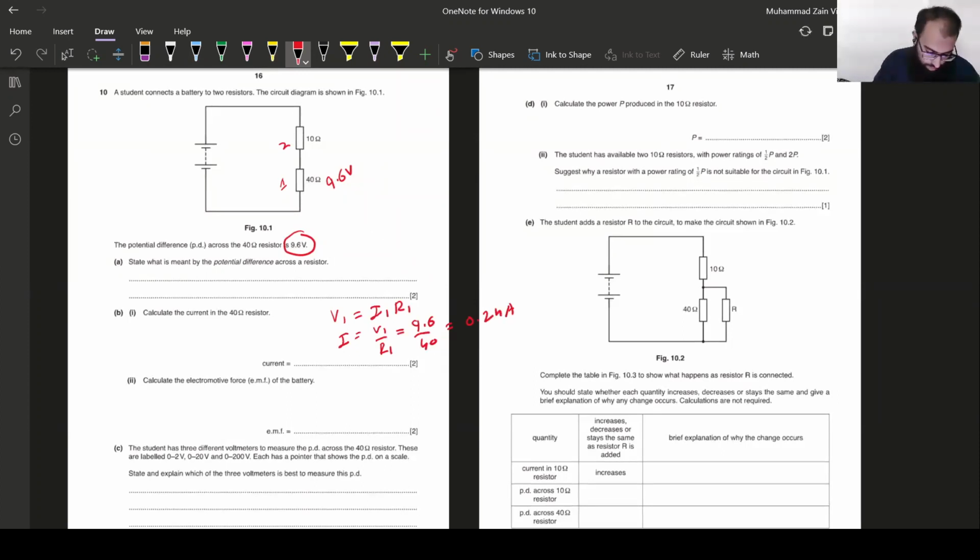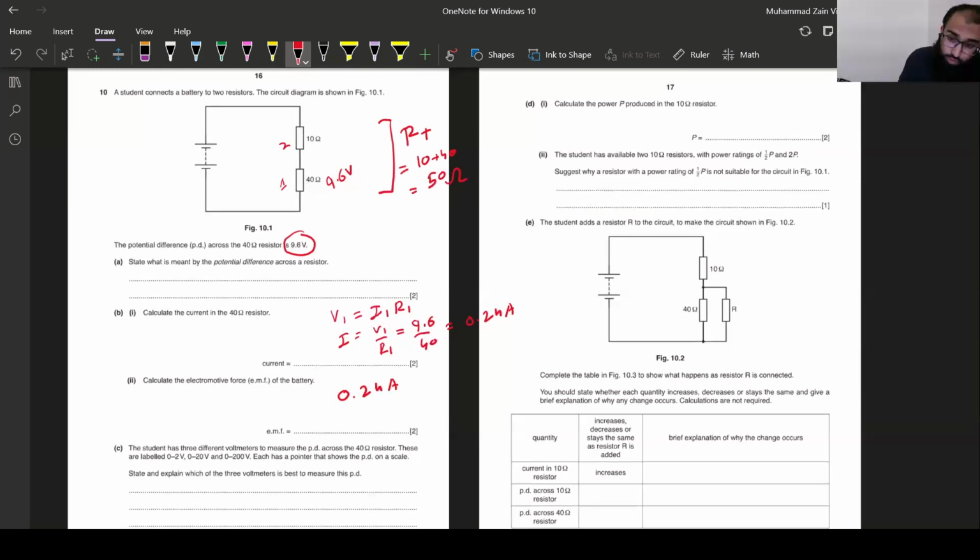Then part 2, calculate the EMF of the battery. I now know the current, 0.24 ampere. I can also tell the total resistance of the circuit, because it's a series circuit, so the total resistance would be just the sum of both resistances. It would be 10 plus 40 ohms, equal to 50 ohms.